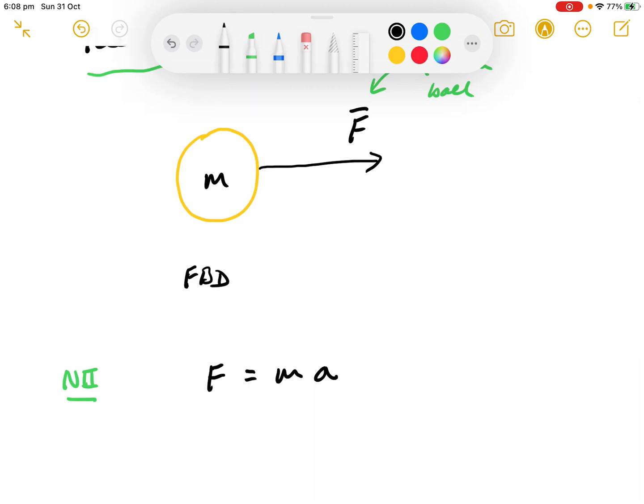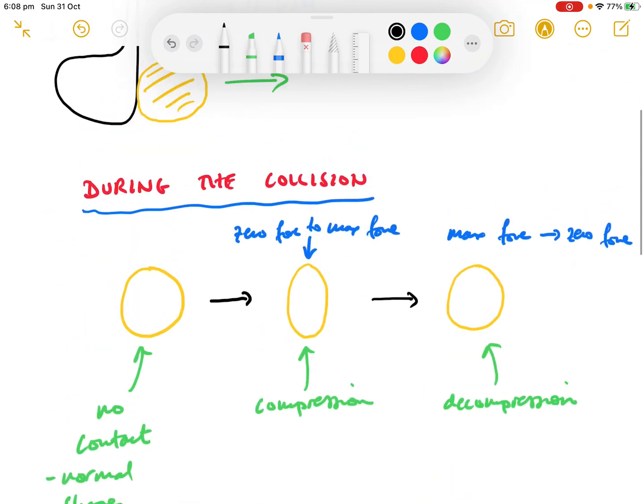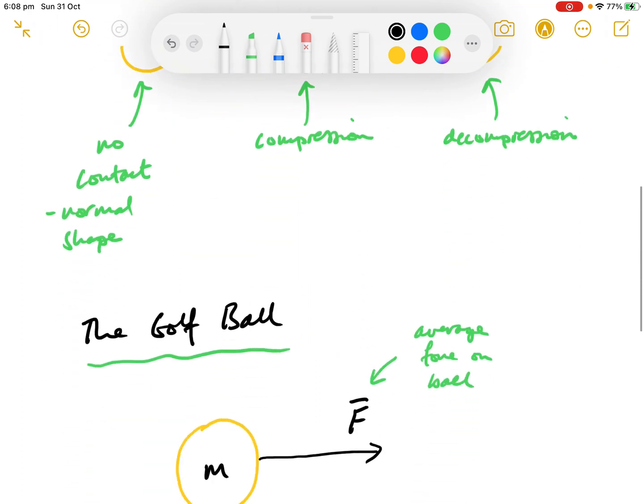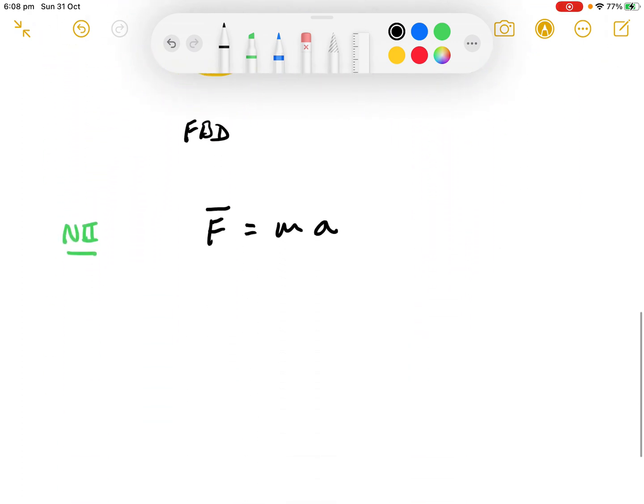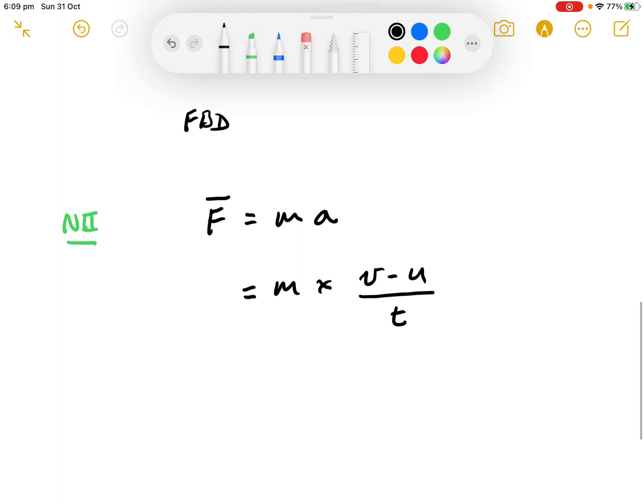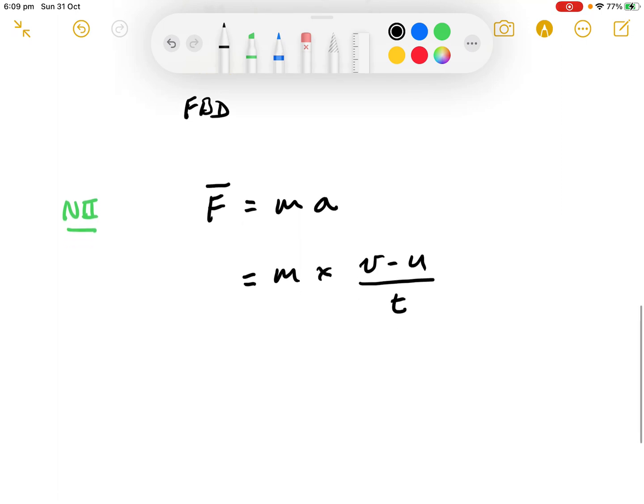The ball obviously accelerates from rest. I'm just going to put in the bar here though, because as I've discussed, the force is changing, so we need an average force. Well, let's just unpack that a little bit. Acceleration is v minus u over t. That's just the standard acceleration equation.